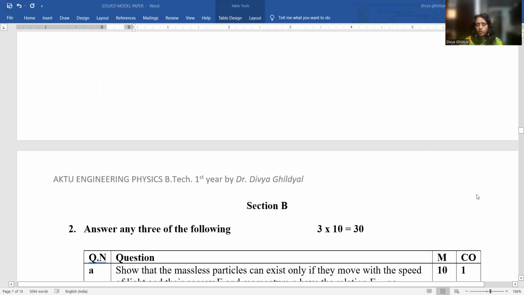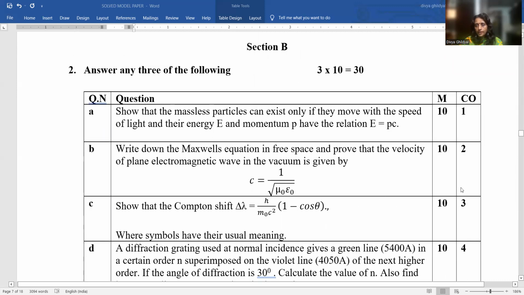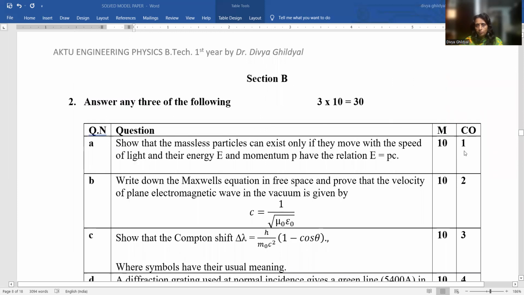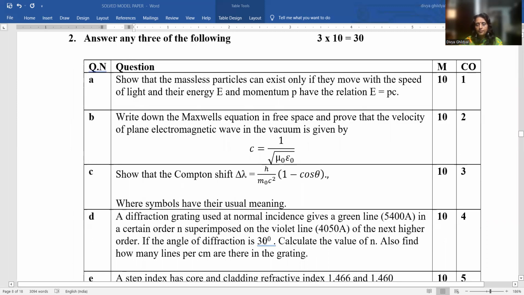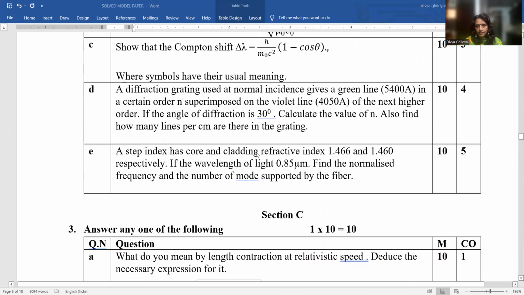Now in section B I have 3 into 10, 30 marks of questions, and from each unit 1 question has been asked: unit 1 relativity, unit 2 EMT, unit 3 quantum physics, unit 4 and unit 5. Numericals along with some definitions are there in this section.